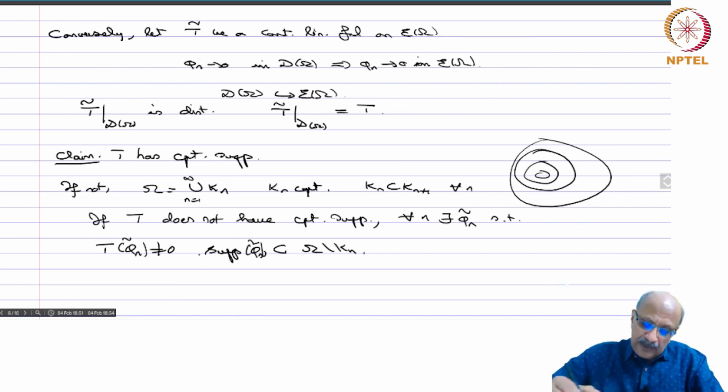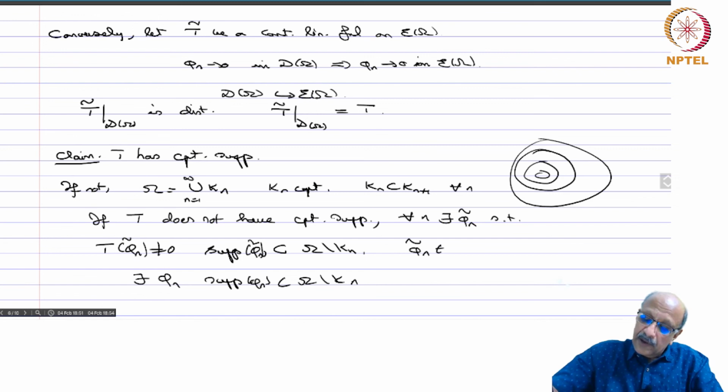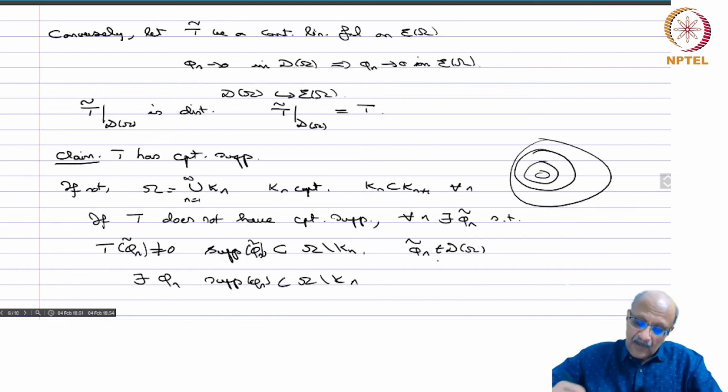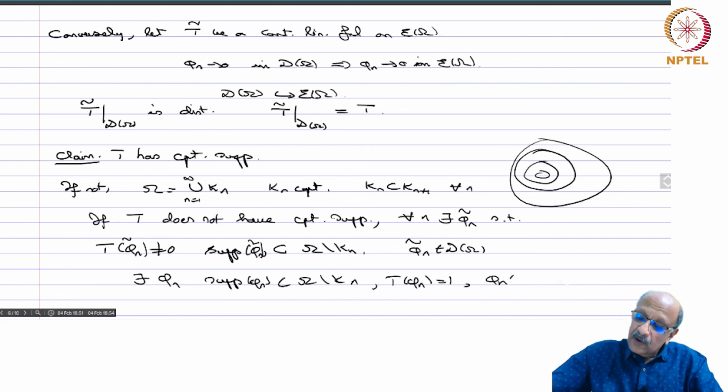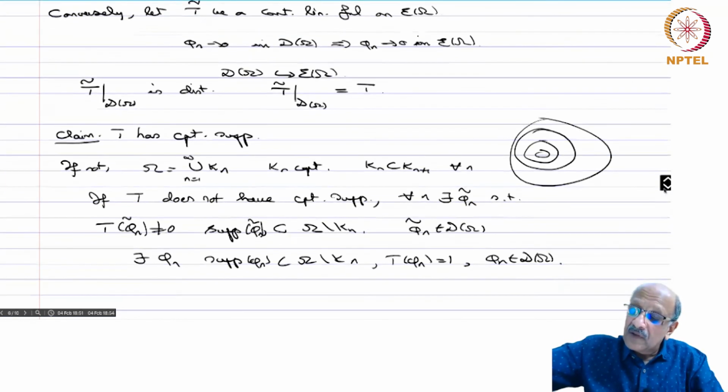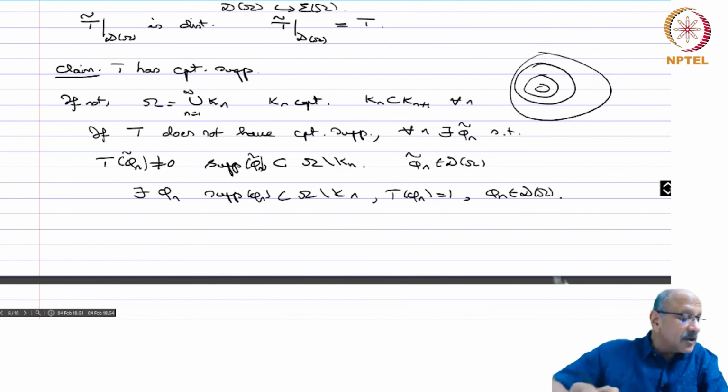And so you normalize, you divide by this number, so there exists phi n, with support of phi n contained in omega minus Kn, T of phi n equal to 1, and phi n belonging to D of omega. So we can have such a thing. Now we will get a contradiction.